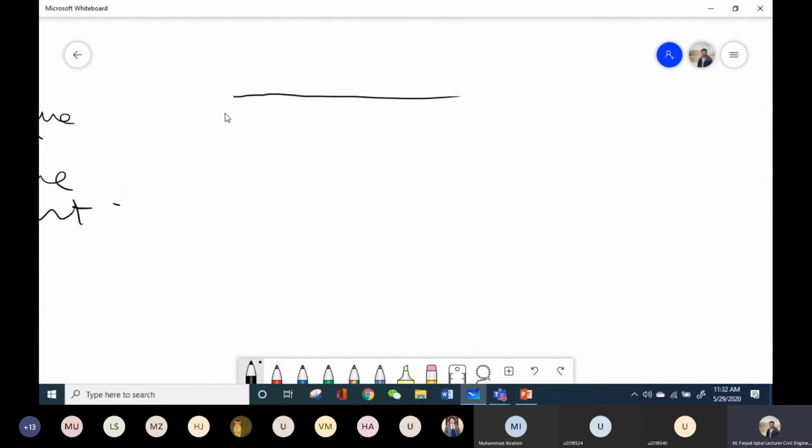So this is the beam, and at A there is a hinge support, and at B we have a roller support. This is point C. This distance is given as 10 feet, 10 feet, and 15 feet. And I have to get the maximum value of moment at point C. First part is this one.